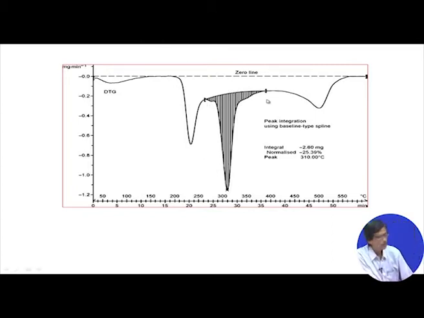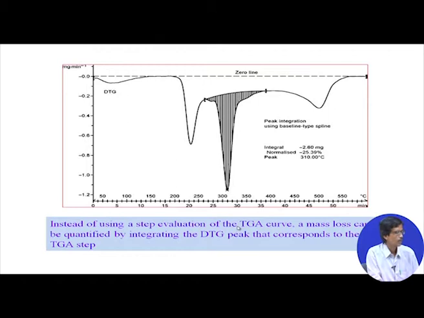We can make this hand drawn also, and sometimes the computer software can draw it in this form. The shaded area is the corresponding area due to the particular thermal process.